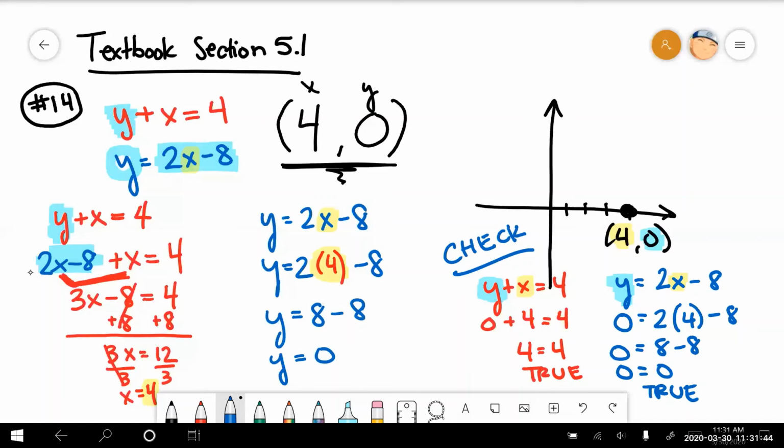So let's look at one more example together, just to continue to get the idea of how these systems are working. It is the situation where sometimes you will not have an equation that's already set up to substitute. So let me show you what I mean by that.